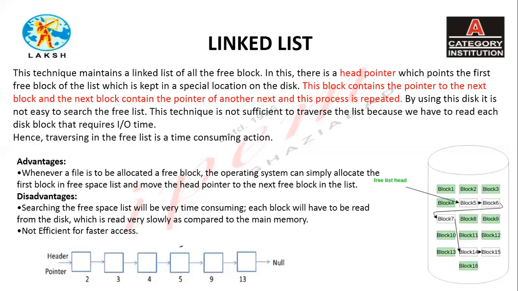Advantage: whenever a file is to be allocated a free block, the operating system can simply allocate the first block in the free space list and move the head pointer to the next free block in the list. Disadvantages: searching is a little difficult and time consuming, and traversing is time consuming, so it is not efficient for faster access. If we need to work very quickly, it will not be very efficient.